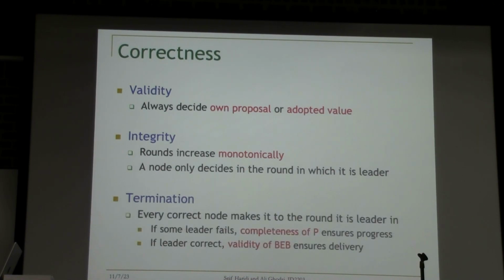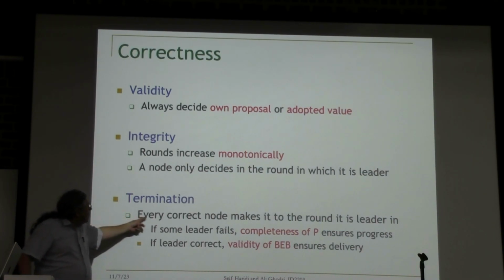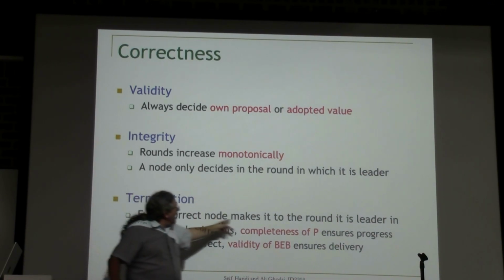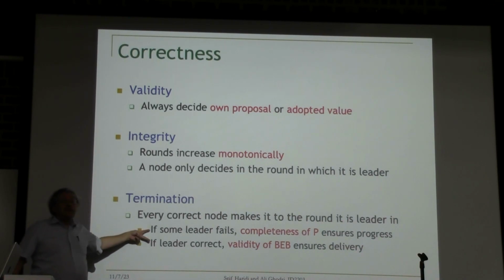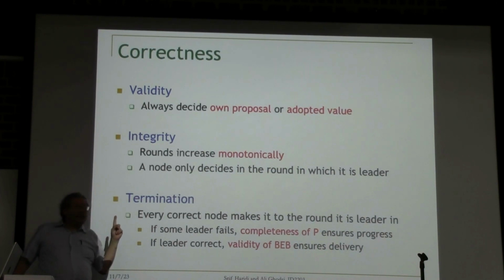What about termination? Will the algorithm terminate or will it get stuck? Well, we have to make sure that the rounds are advancing, that they're actually being incremented and not stopped somewhere. So if the node is correct, it will actually survive until the round that makes it a leader. There are two sides here. Completeness of the failure detector: if the previous node crashes, I will know that and I will advance.